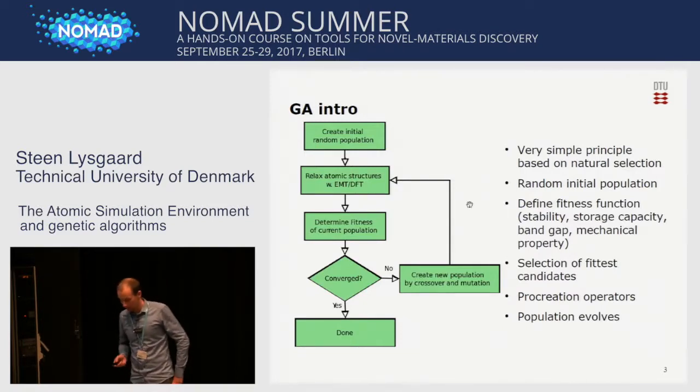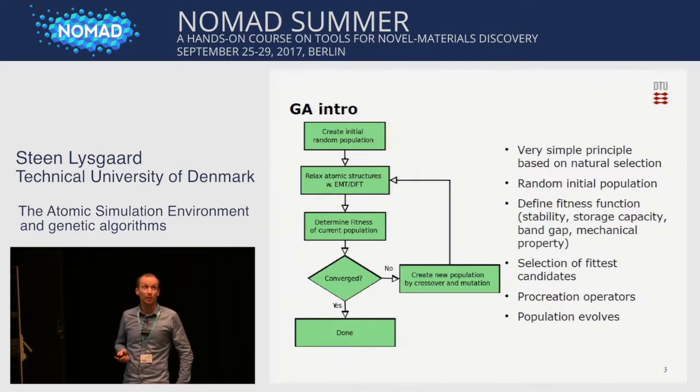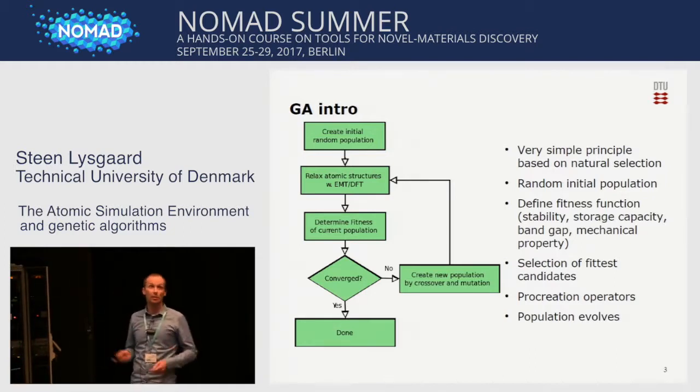So the idea behind genetic algorithm is very simple. It's based on natural selection. So I'll just go through this scheme here. You start by creating a random population of atomic structures. It can be candidates to the solution to your problem.